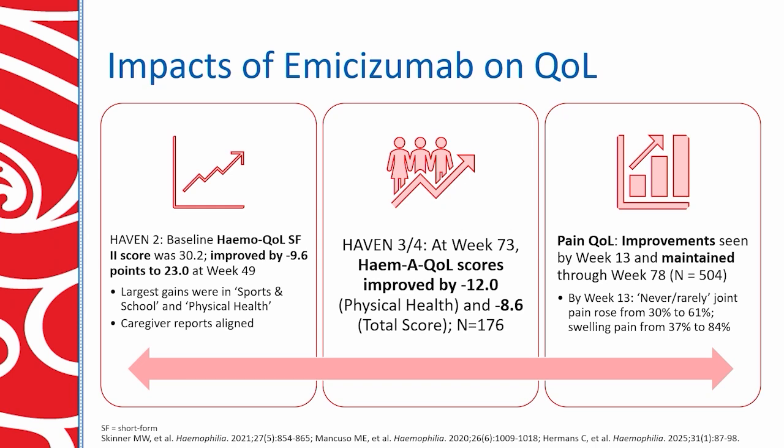impression. But we also see improvements of quality of life in the adult population in HAVEN 3 and 4. The scores are decreasing, which is good, but the improvements in the adult population are observed much later than in the pediatric population, and it's still the physical health that improves, and the improvements are maintained.